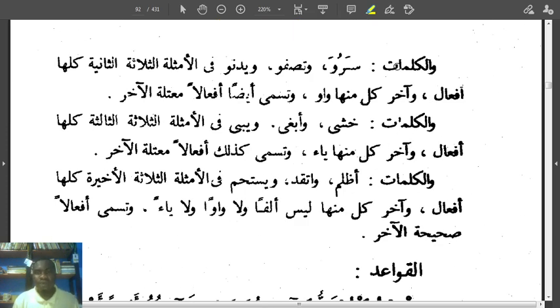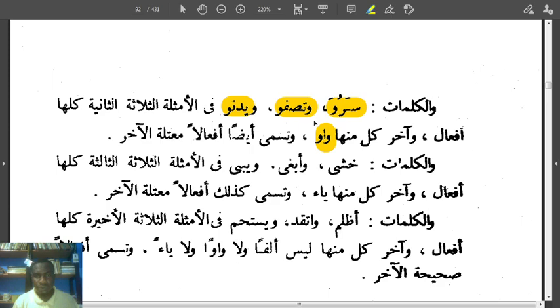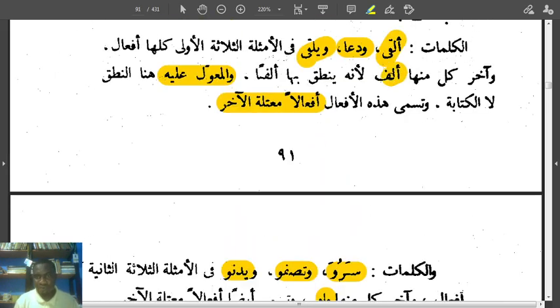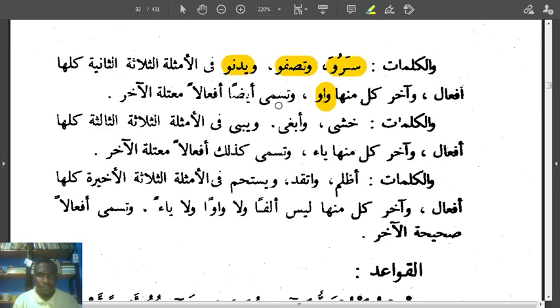Okay. والكلمات, the words ثروة, تصفو, يدنو, these ones في الأمثلة الثلاثة الثانية كلها أفعال, same expression, they are all verbs. وآخر كل منها, and the ending of each of them here is wow, not as alif as we found here. Okay. وتسمى أيضا أفعالا معتلة الآخر, and these are also called أفعال معتلة الآخر because they also end with wow.